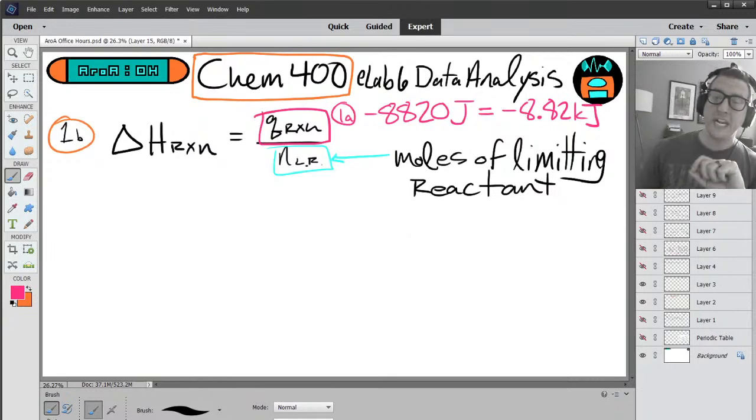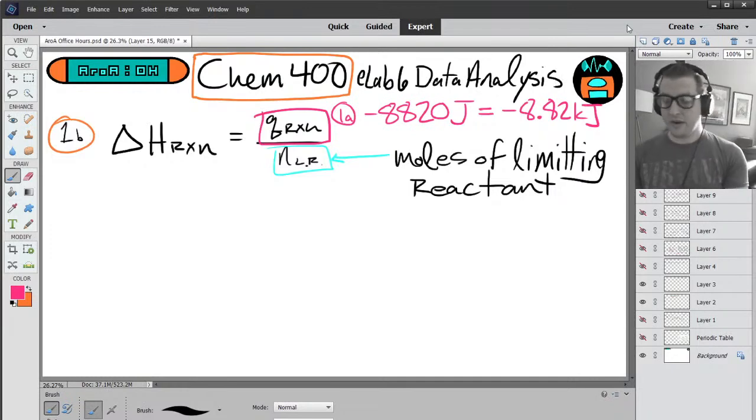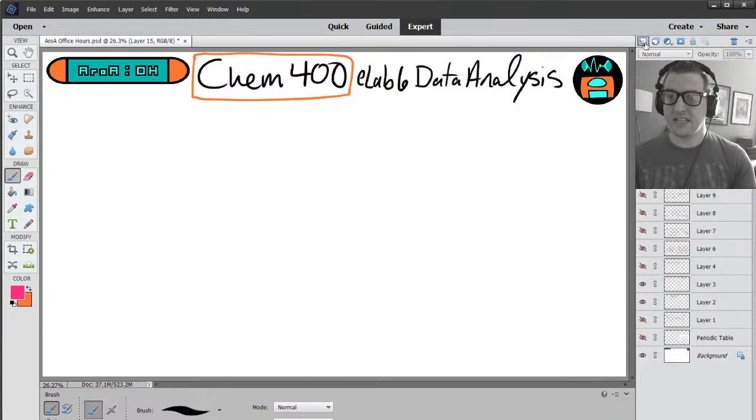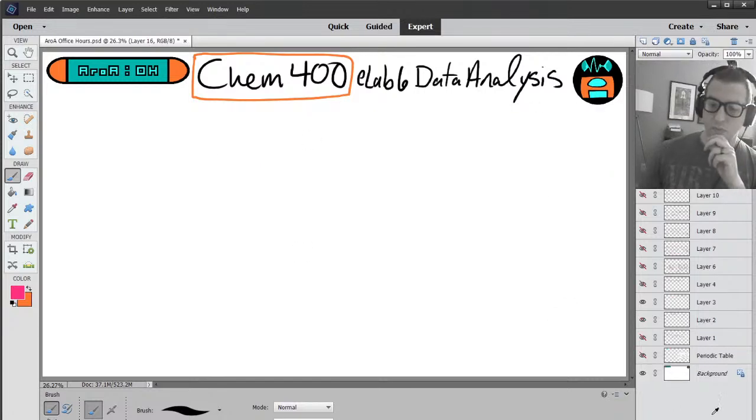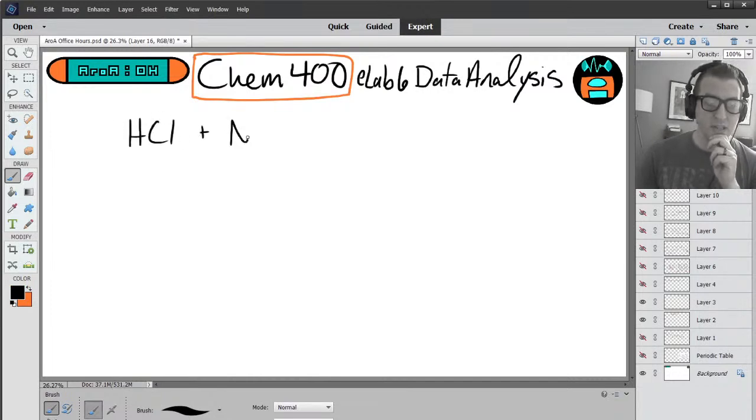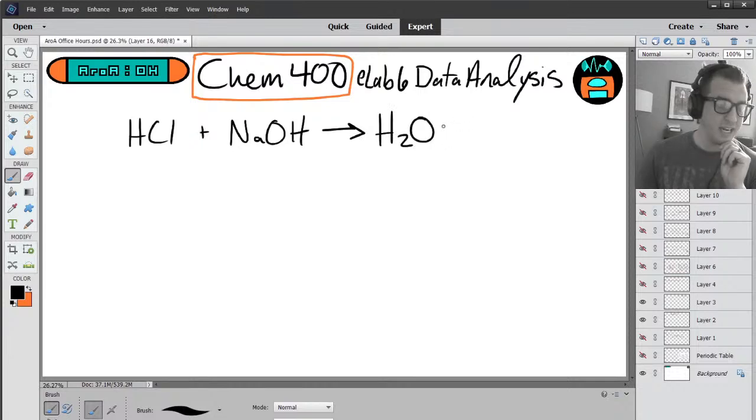Now our denominator, we need to determine the moles of limiting reactant, all right? We've got two reactants in this problem. We have sodium hydroxide and hydrochloric acid. Now, to calculate a limiting reactant, we need to actually look at our chemical equation. These two will neutralize each other, right? HCl and sodium hydroxide produce water and sodium chloride.